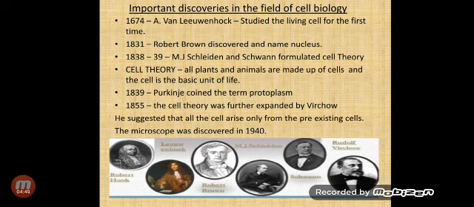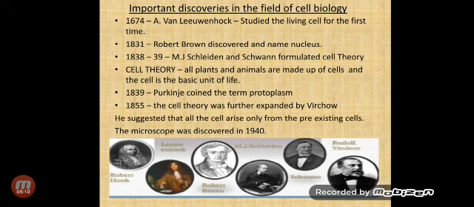In 1838 to 39, M.J. Schleiden and Schwann formulated the cell theory, which stated that all living organisms, both plants and animals, are made up of cells, and that the cell is the basic unit of life.